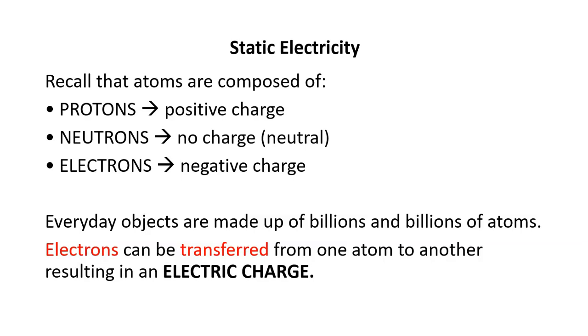So it makes sense that it's only the particles, the electrons, that are on the outside that are free to move. Okay, and when electrons, which are negatively charged, do move, it results in a charge, right? The thing receiving the electron will get a negative charge, and the object losing the electron will end up with a positive charge.